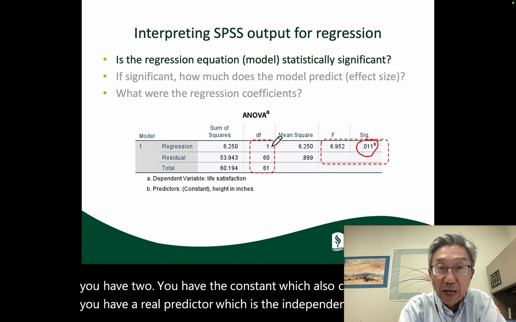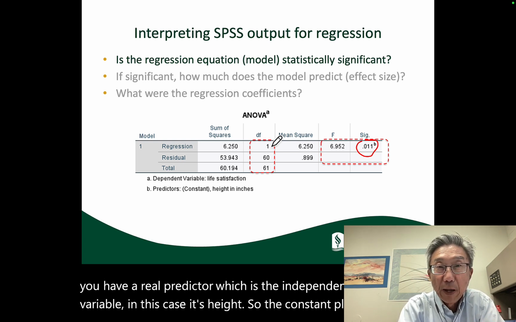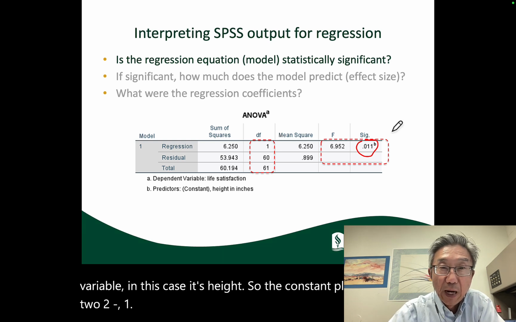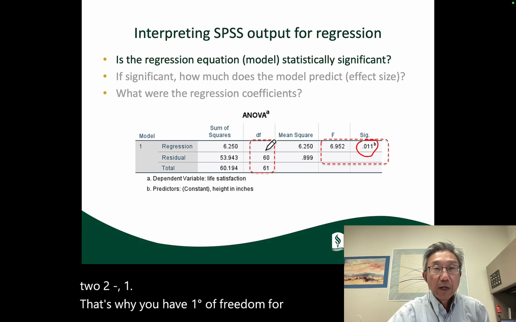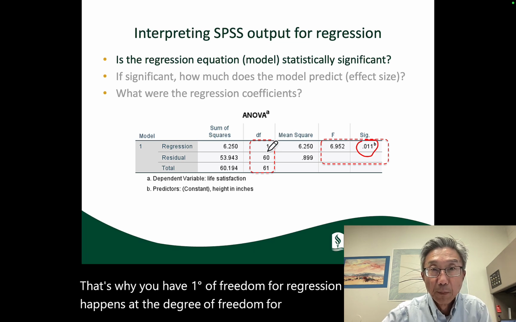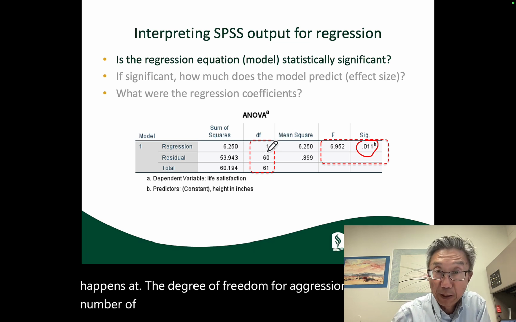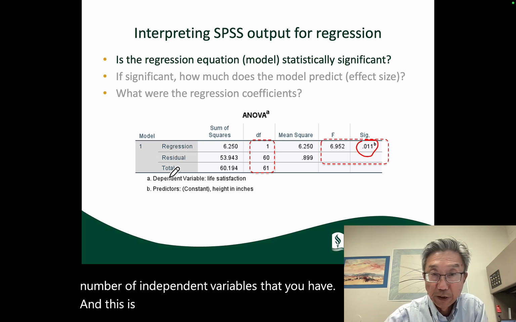In this case, it's height. So the constant plus height, you have 2. 2 minus 1 is 1. That's why you have 1 degree of freedom for regression. And it just also happens that the degree of freedom for regression equals the number of independent variables that you have. And this is error, this is residual, this is total.